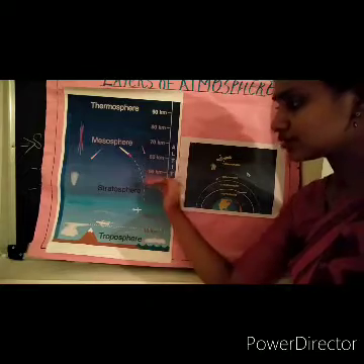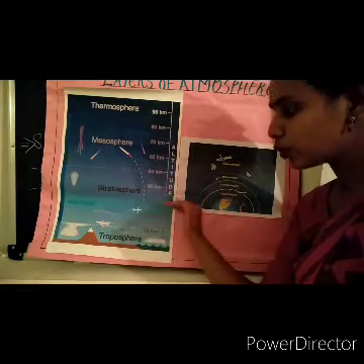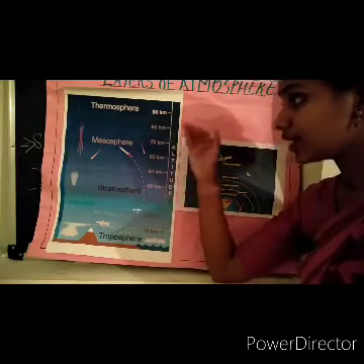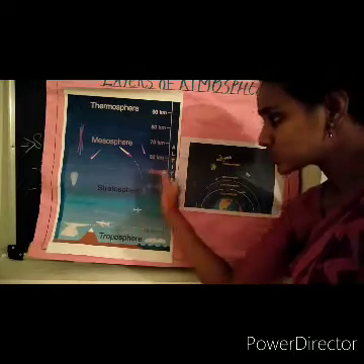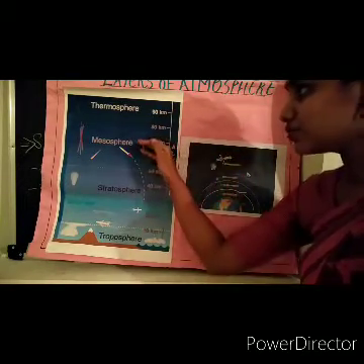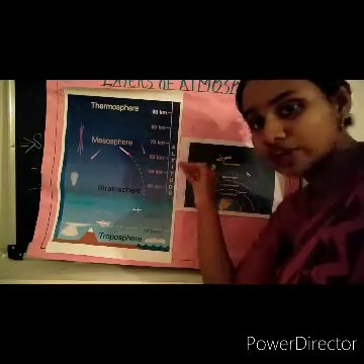Between troposphere and stratosphere, tropopause is the transition zone. And between the stratosphere and mesosphere, stratopause is the transition zone. And between mesosphere and thermosphere, mesopause is the transition zone.